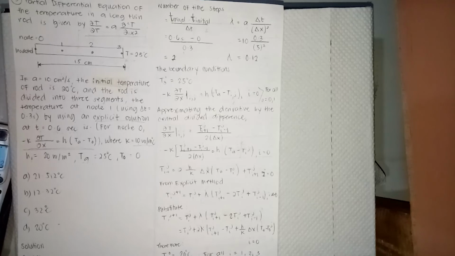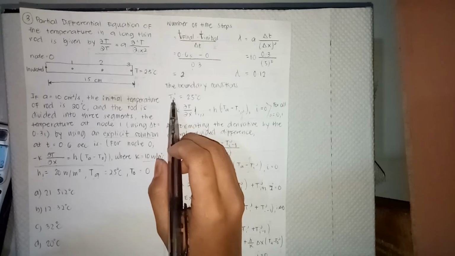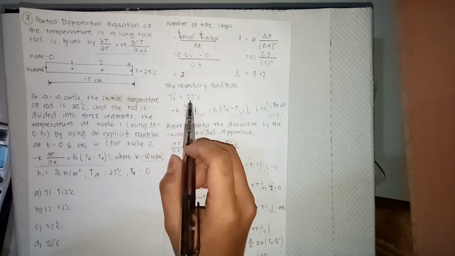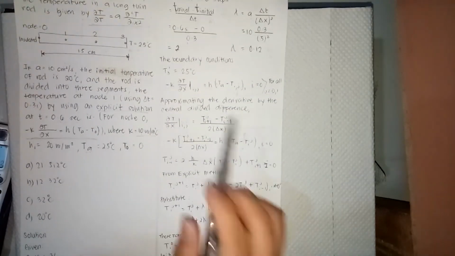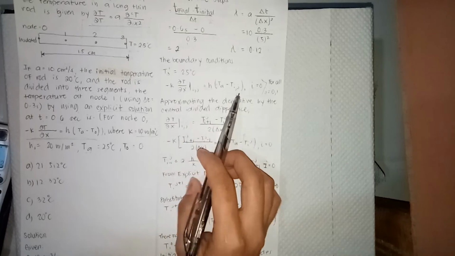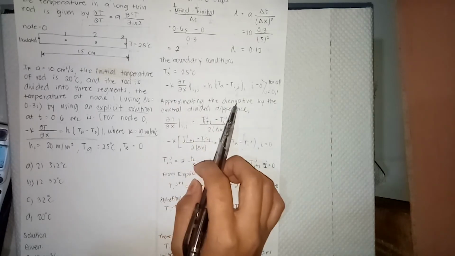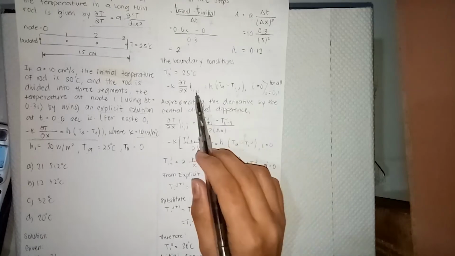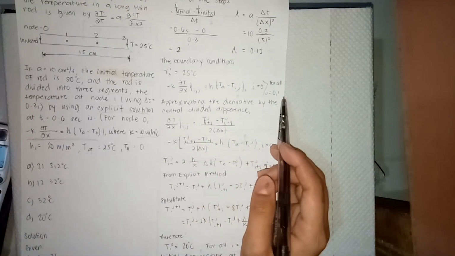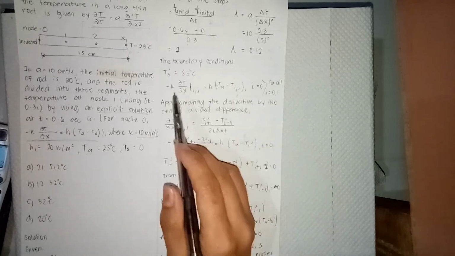So here our temperature 3 at node 1 is equal to 25 centimeter, and then approximating the derivative by the central divided difference. So in our formula, let us rewrite.